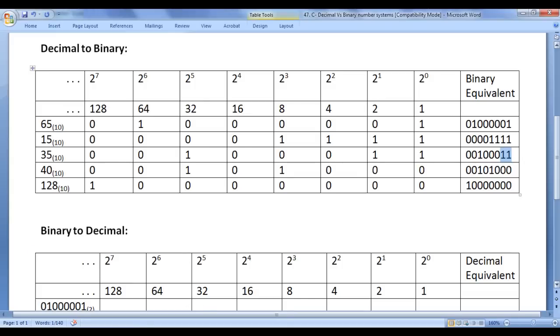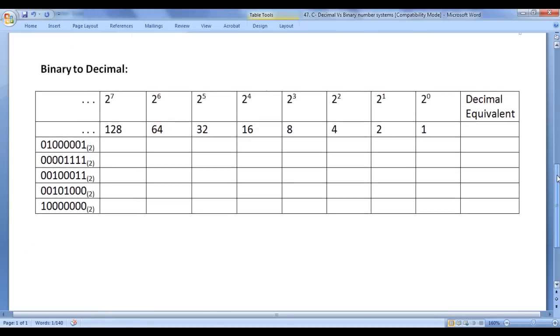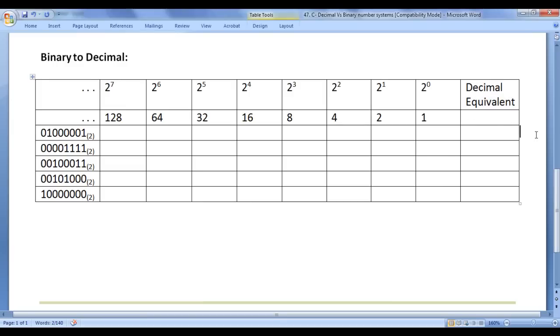Let's understand how we convert binary number to a decimal equivalent number, guys. You can see that I have some examples. Let's convert these binary numbers to decimal equivalent numbers. Again we write down the same 2 to the power series: 1, 2, 4, 8, 16, 32, 64, 128.